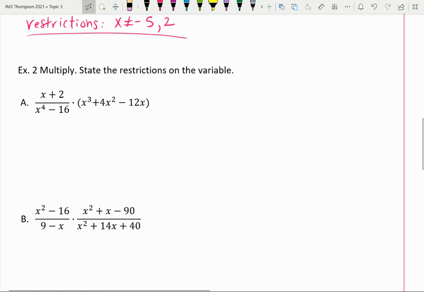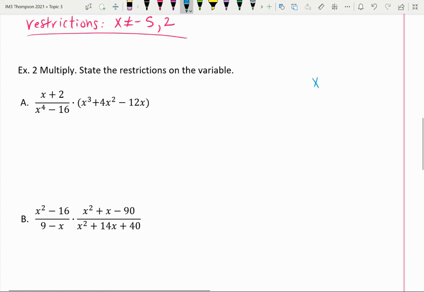This time I have a rational expression times a polynomial. I'm going to rewrite all of this in factored form.